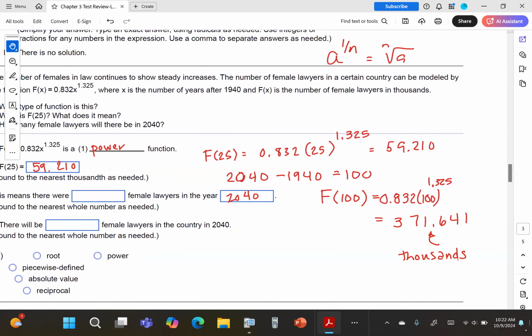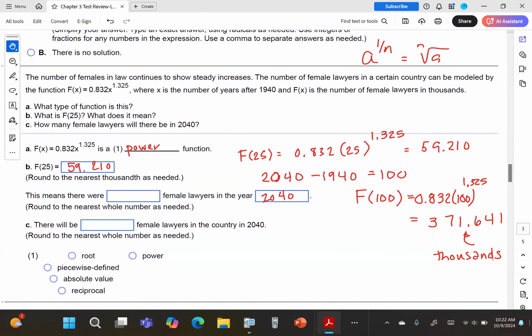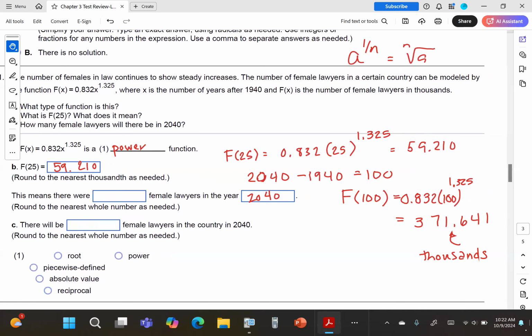So to type it into the field, I need to multiply that number by 1,000, because that tells you how many women you have. So move the decimal 3 places to the right: 371,641.